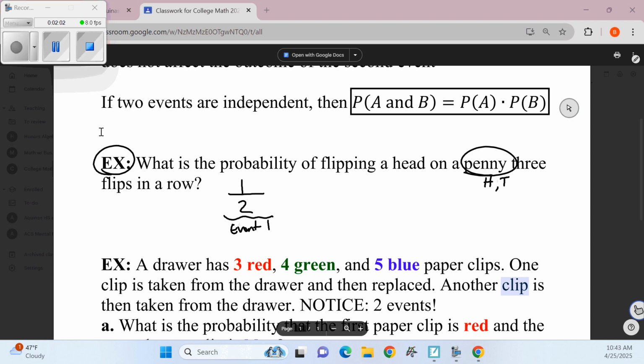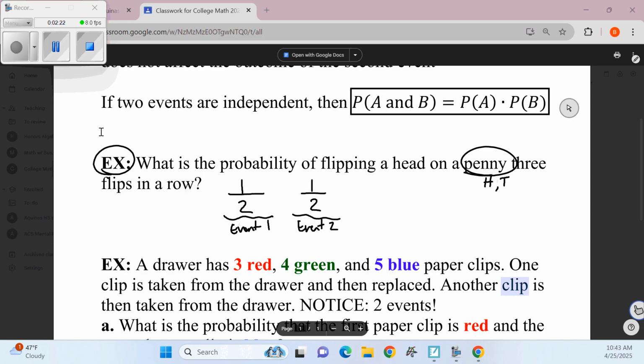Now, if I take that penny back out, the penny does not know if I got a head or a tail on the first flip. So we would say that these events are independent of each other. I am equally likely to get a head or a tail on the next flip. So to get another head would be, again, a 1 out of 2 chance. So this is event 2.